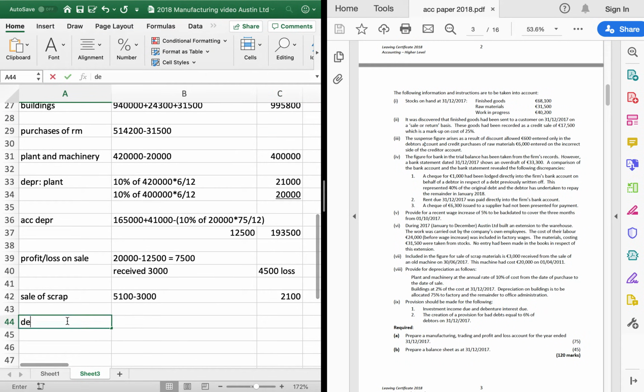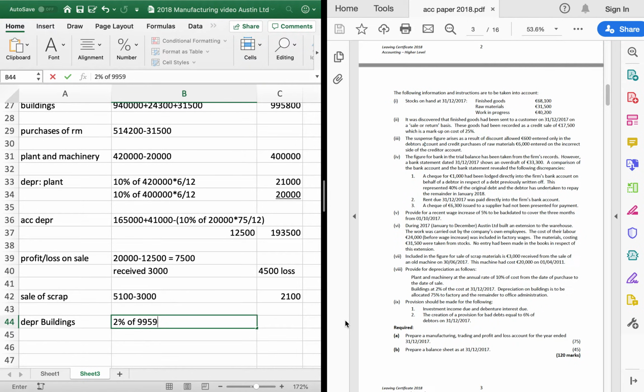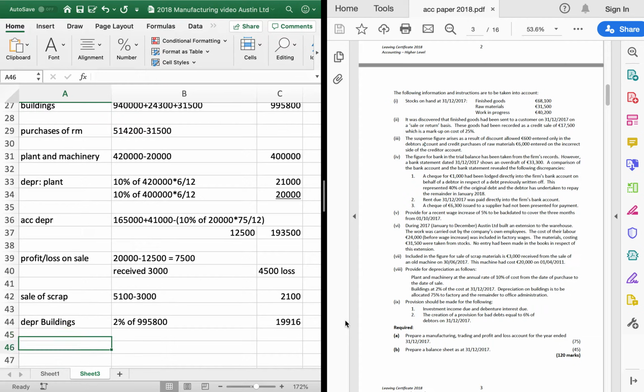So your depreciation of buildings is going to be 2% of 995,800, which is 19,916, which is a ridiculous number. Anyway, that's your expense. Probably revaluing them.